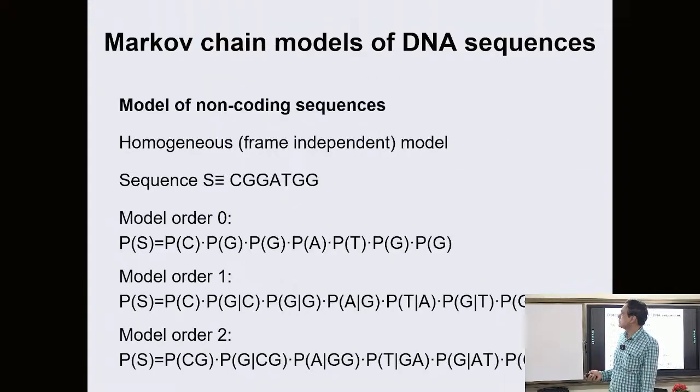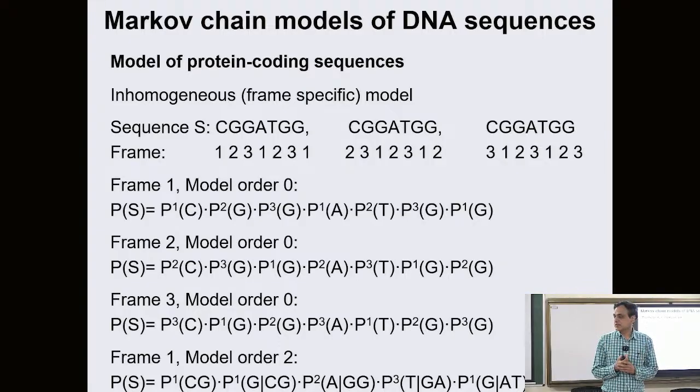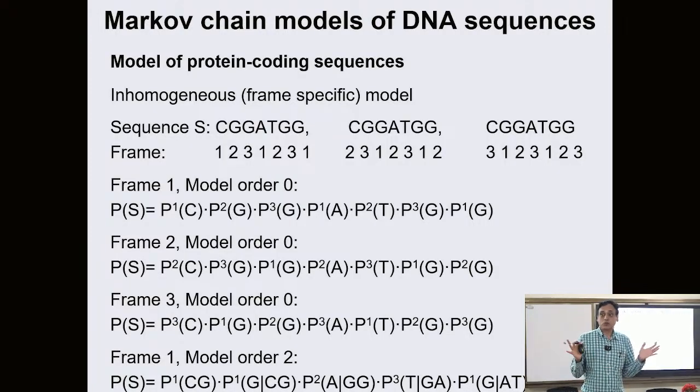Some details I am skipping because of the time constraint we have. But I would like to see that you are still appreciating these mathematical concepts that were used for describing biological sequences. Protein coding sequences are made up of codons, so you can visualize three codon positions.